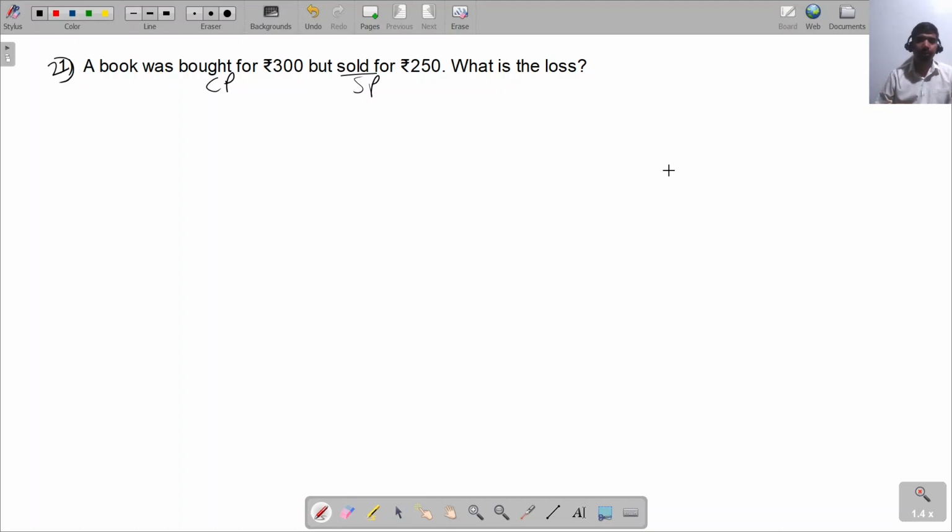Bought at a high price, sold at a lower price, so there is a loss. How to find the loss? Again write the given. CP is rupees 300 and selling price is rupees 250. We have to find loss.